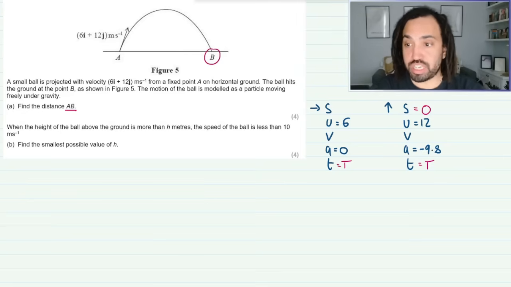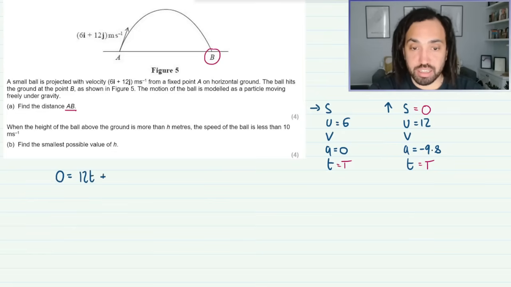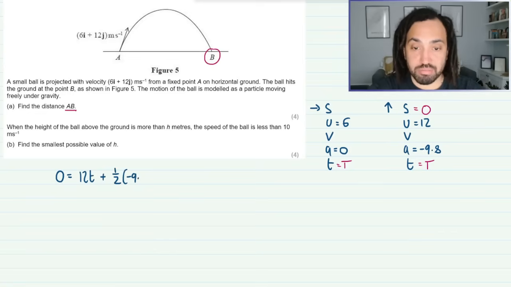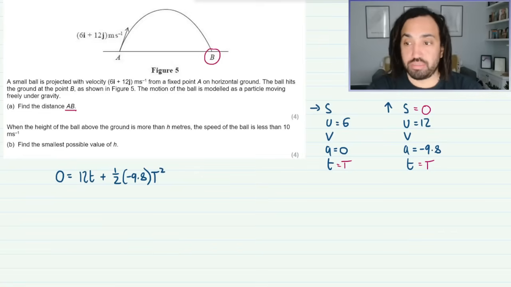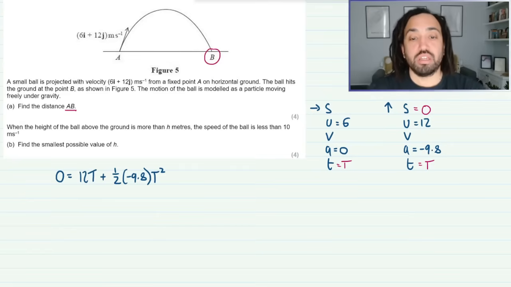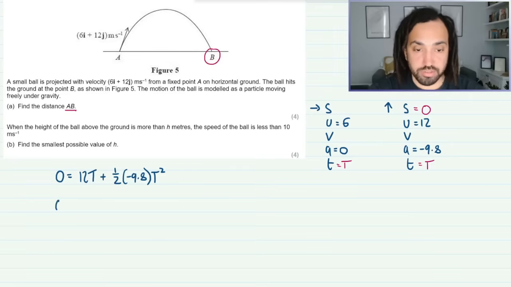Let's use s equals ut plus half at squared on the vertical. So that gives me 0 is equal to 12t plus a half a t squared. Yeah, let's use capital T. Okay, so that factorizes, doesn't it?